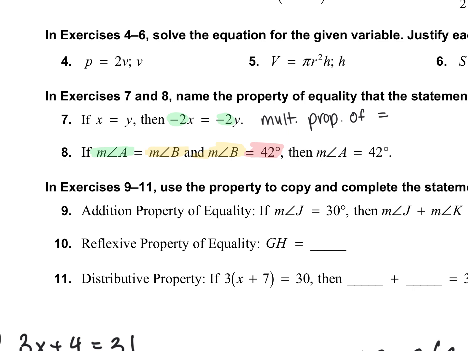Not converse. It's what? Transitive. Why is it transitive? Remember, we remember transitive as law of syllogism. It's similar. So I'm getting rid of what's in the middle. I'm keeping my two sides. I'm blending it together. This one is going to be transitive property.